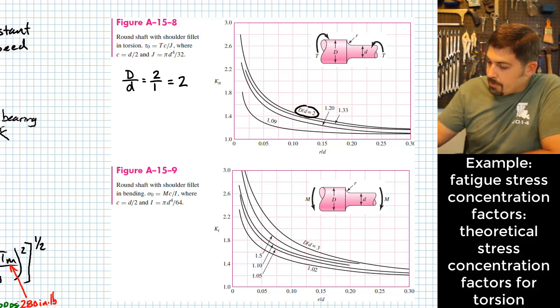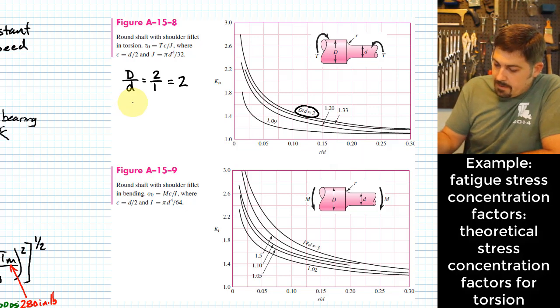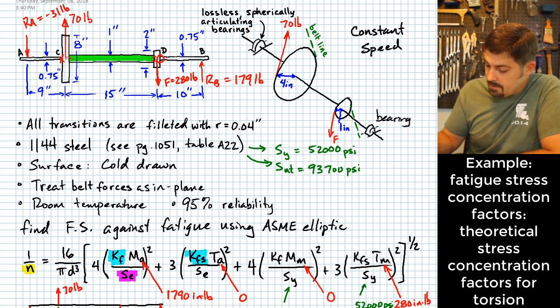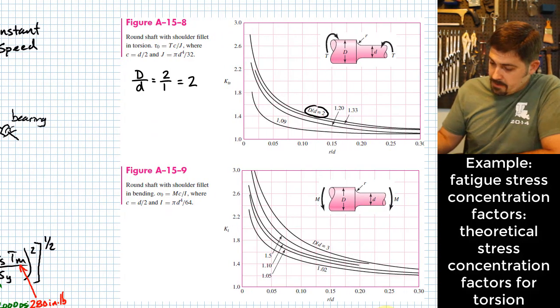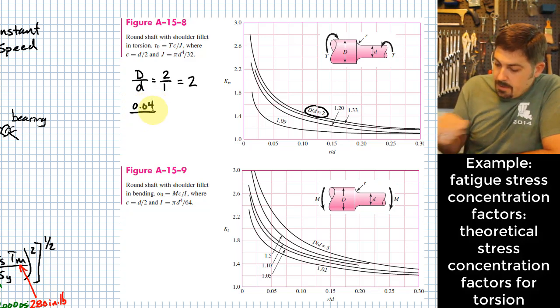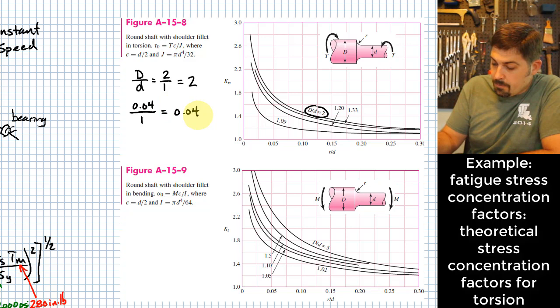What about r over d? R over lowercase d. The r that we have there is the radius, and that was again provided over here. It says all the different transitions are filleted with radius values of 0.04 inches. So that means, at least for this first one that we're dealing with, it is going to be 0.04 over 1, which is just equal to 0.04.